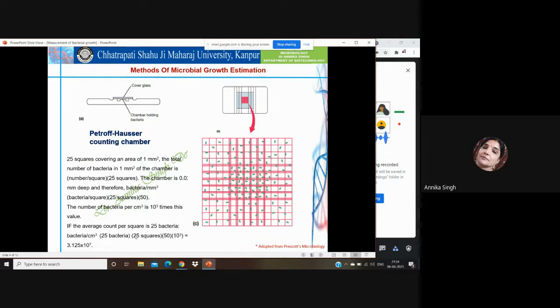So the total count comes to approximately 3.125 into 10 to the power 3.